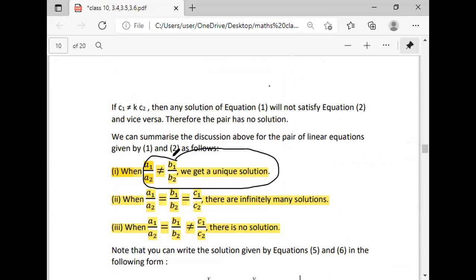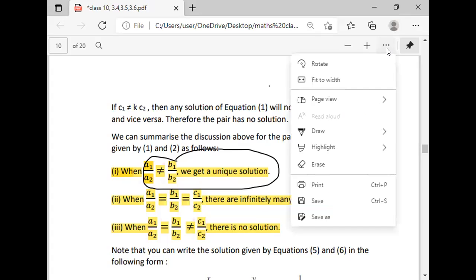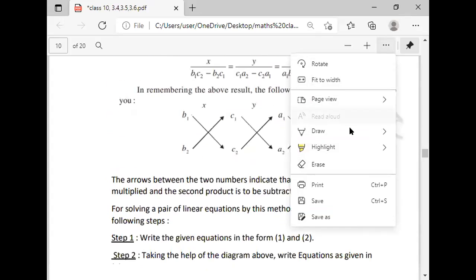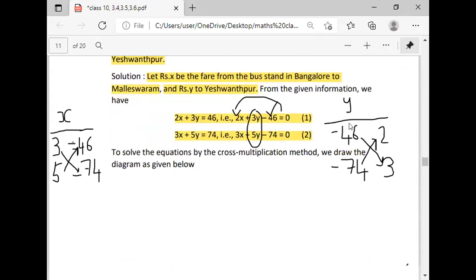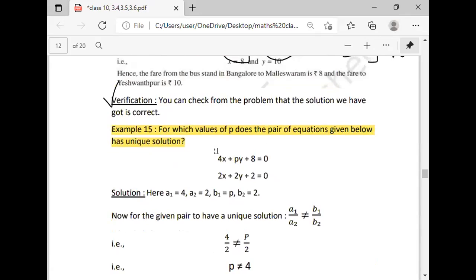A1 by A2 is not equal to B1 by B2. That's why I told you that you should remember it. Only then will you be able to solve this. Otherwise it will be difficult for you. So remember this. Then we can move to the question.